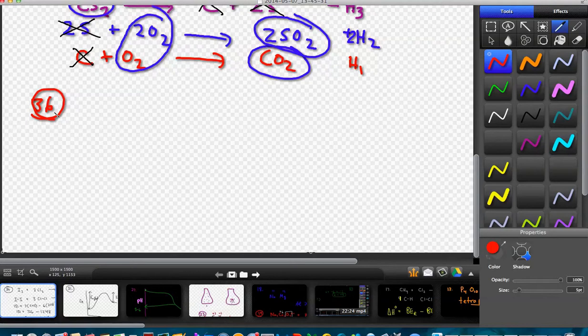Actually, I'll do 36 and 37. Again, we have the Haber process. Of course, these are all gases.